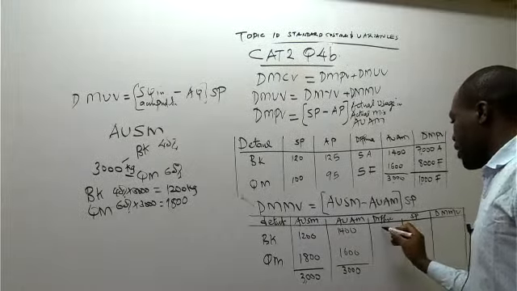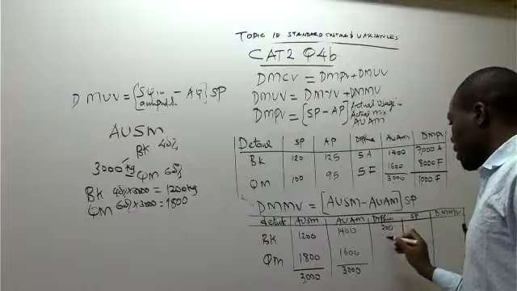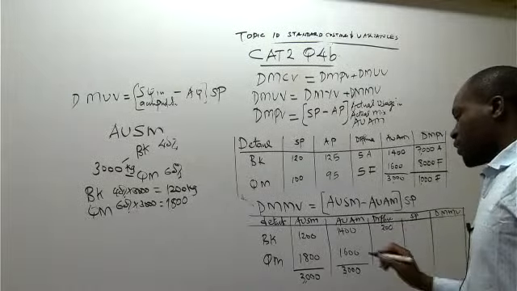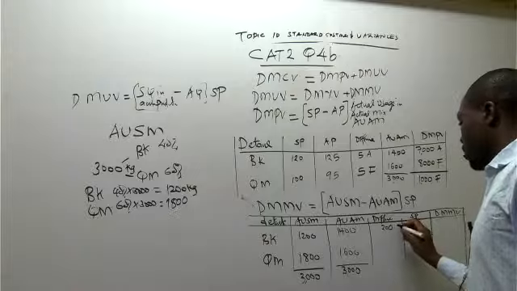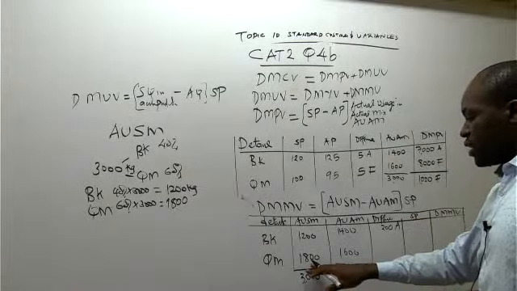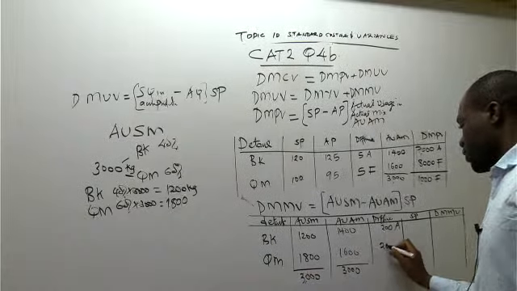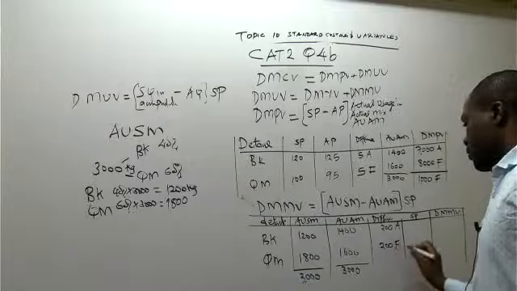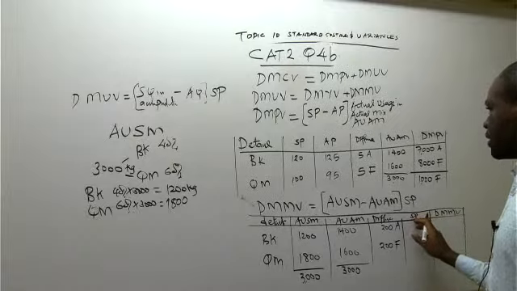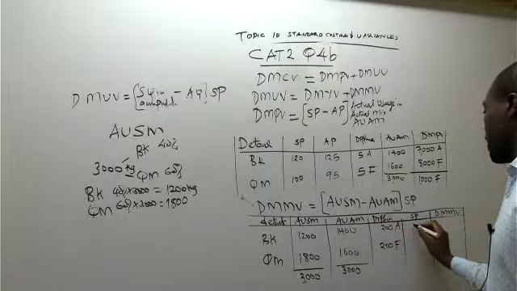That is excess by 200, and that excess is not good at all, so it's going to be adverse. You said you would use 1,800, you used 1,600. That less is very nice for these people. That is favorable. The standard price does not change.